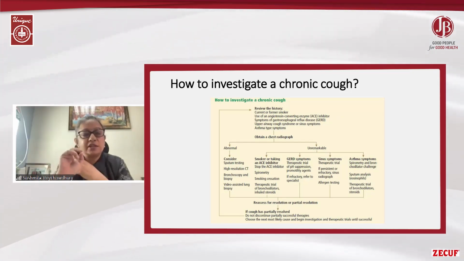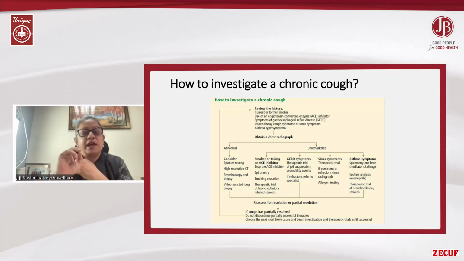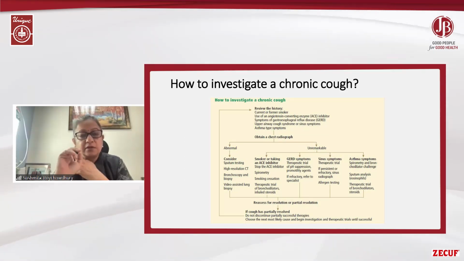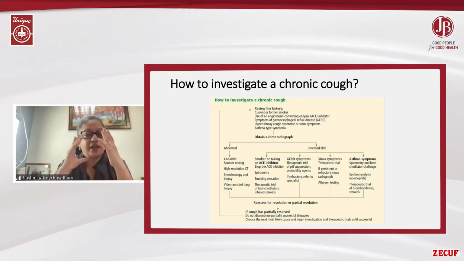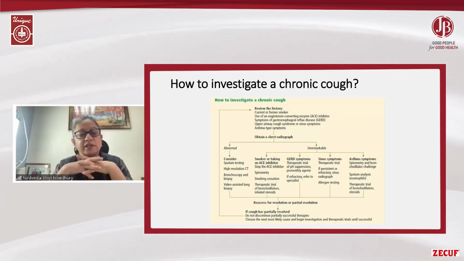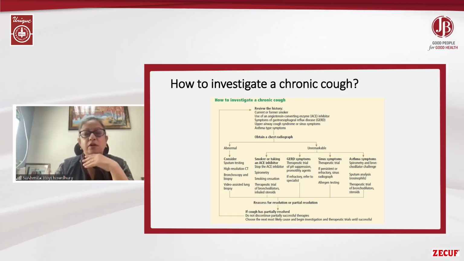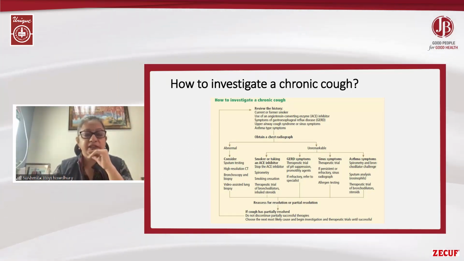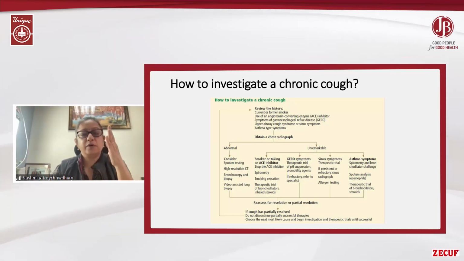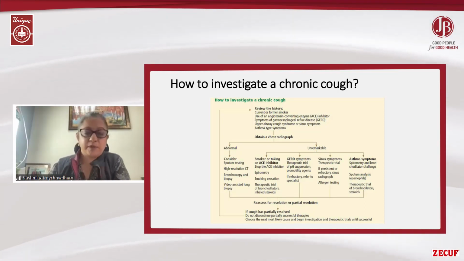Are they on any medications that might be causing cough, such as an angiotensin converting enzyme inhibitor? Whether there is any history of gastroesophageal reflux or not, whether there is any history of postnasal drip, upper airway cough syndrome or not, and if they have any intermittent features such as asthma-like symptoms, which are cough, wheezing, and shortness of breath, which are intermittent and the patient is well in between.